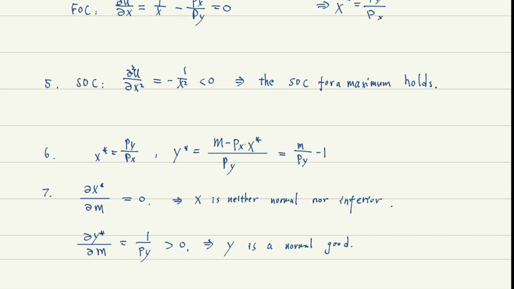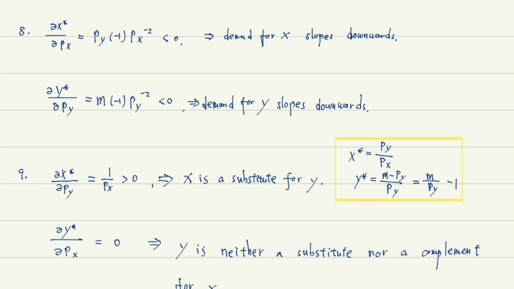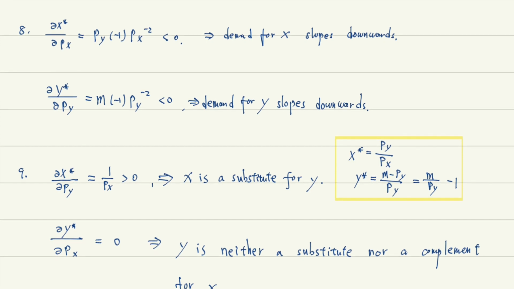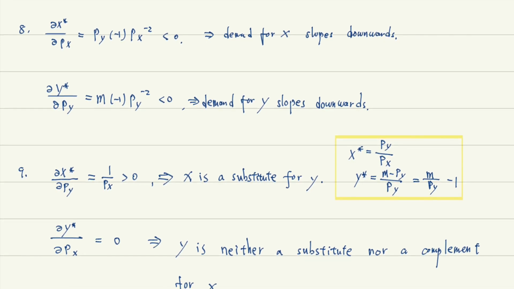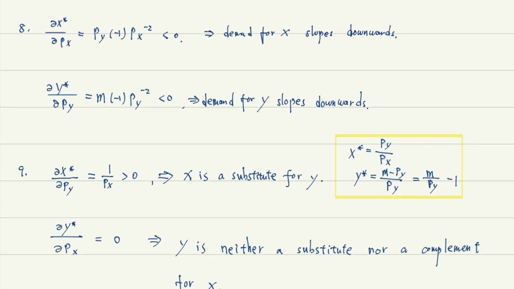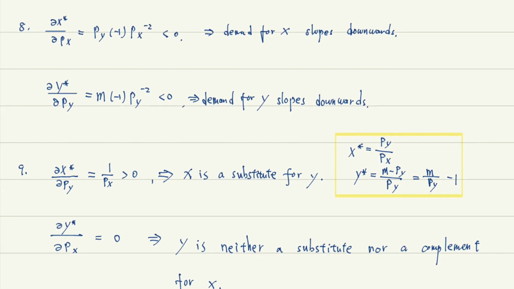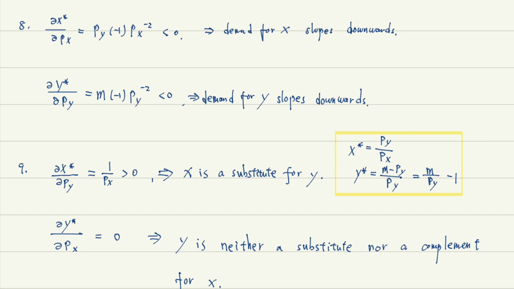We take the partial derivative of x and y with respect to monthly income to see whether they are normal goods or inferior goods. We take the partial derivative of x and y with respect to their own prices to see whether the demand curves are downward sloping or not.